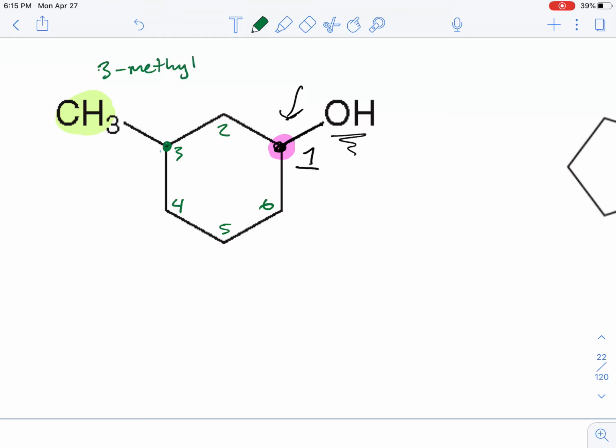In terms of naming the parent chain, notice that there are 6 carbons: 1, 2, 3, 4, 5, 6. Since this is a cyclic alkane, I'll have to say cyclo. Cyclo is the cyclic part.